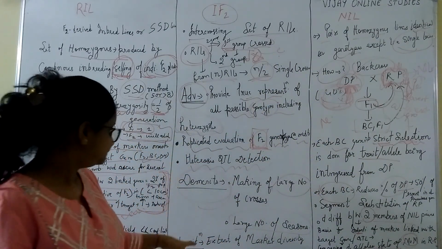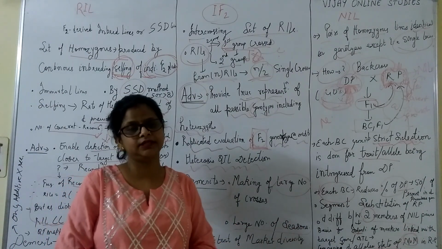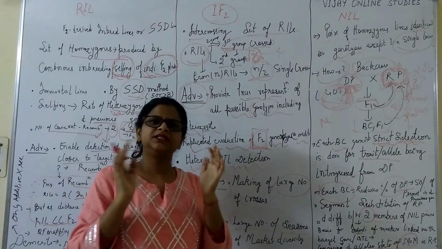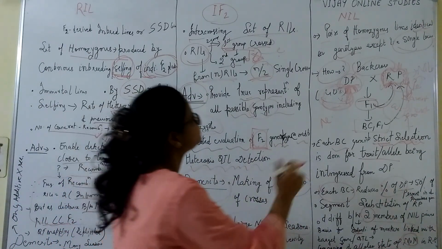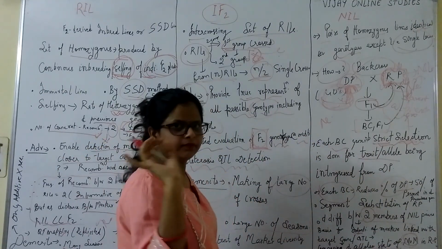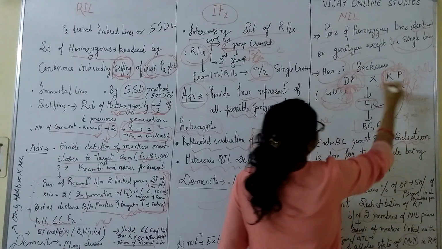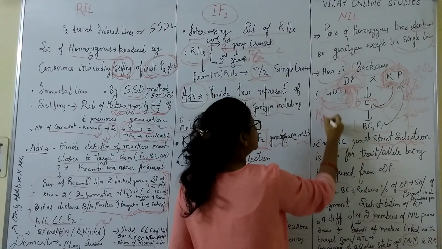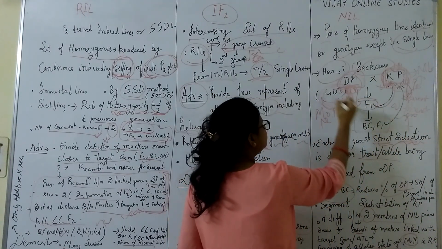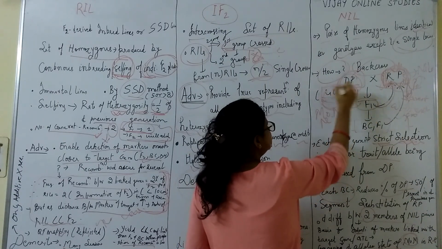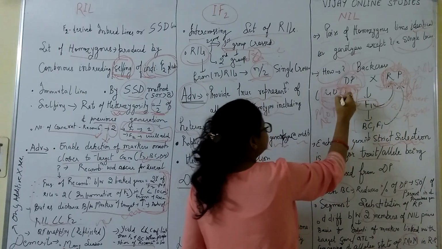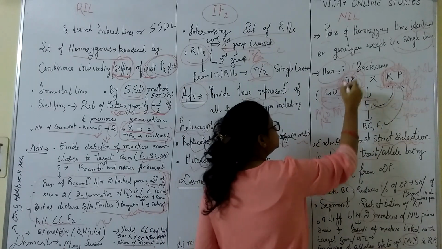Then the major disadvantage of this mapping population. Apart from others, the major one is that the donor parent and recurrent parent should have molecular markers which are polymorphic for the gene of interest which you want from the donor parent.